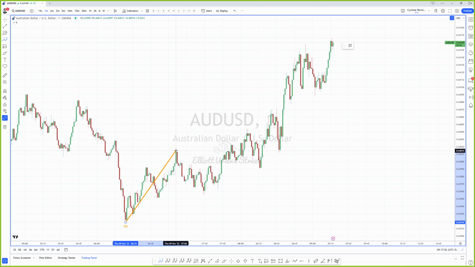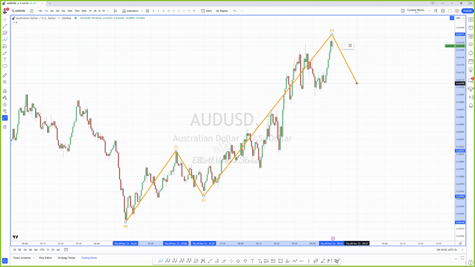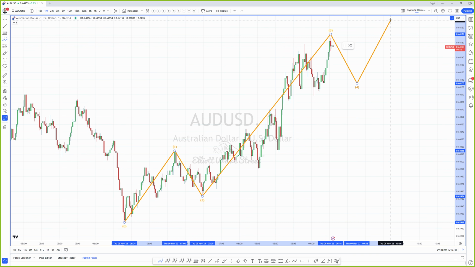Wave 1, wave 2. We're going to go back here to talk about the wave 2. Then we can have here the wave 3. Here we can expect the wave 4 and the wave 5. So we will talk about these waves in a second.